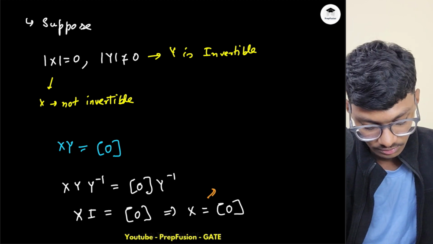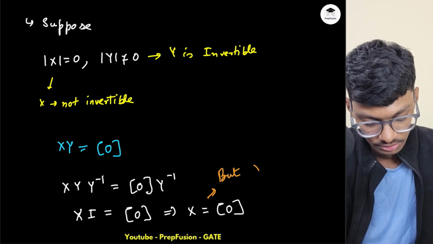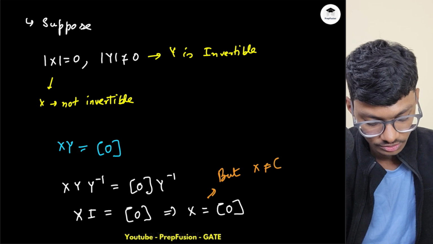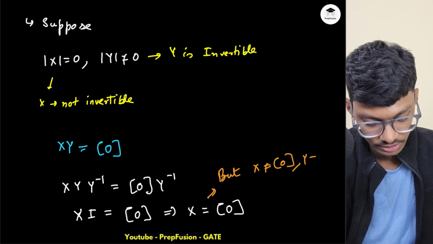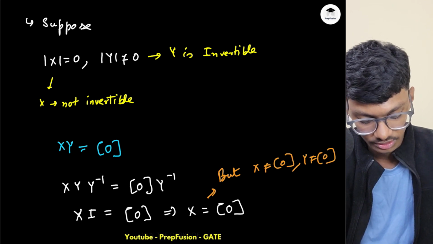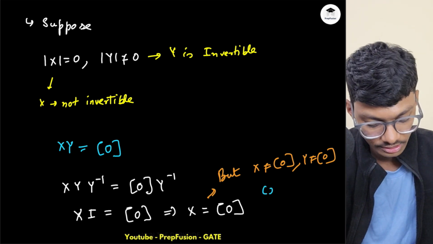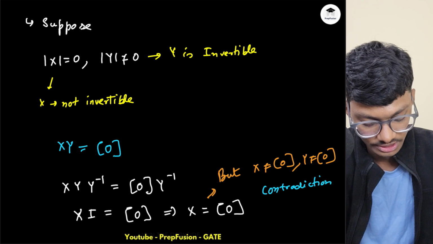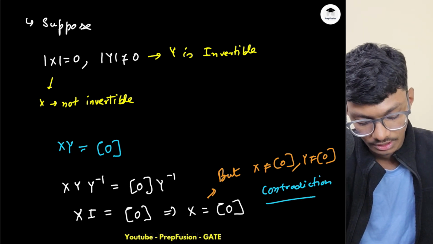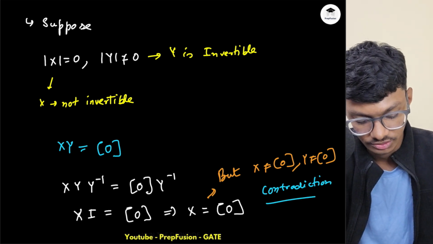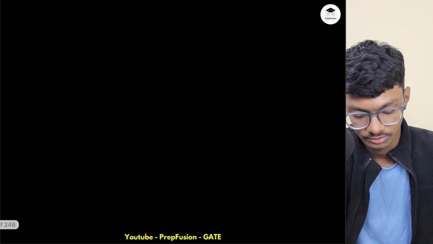Not possible, because x is not equal to null matrix and y is not equal to null matrix. Hence this is a contradiction to whatever the statement the question has told us. So obviously a isn't a possible solution.